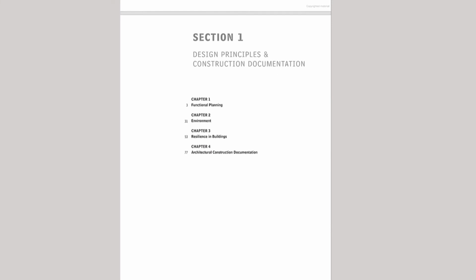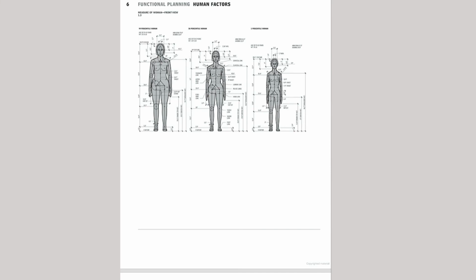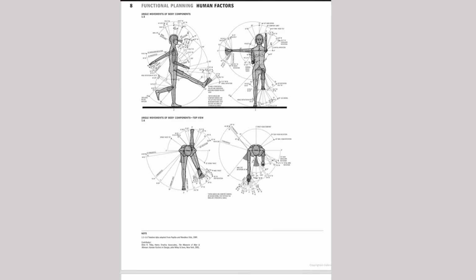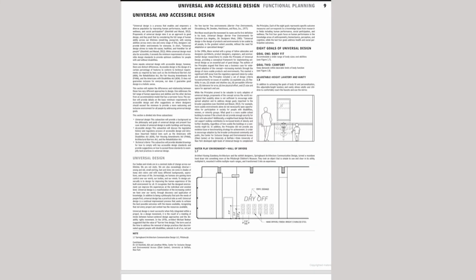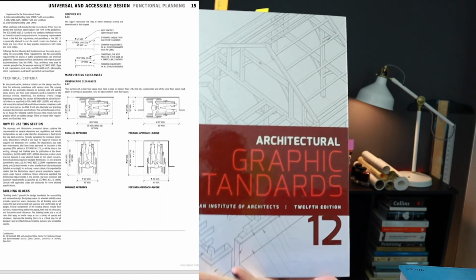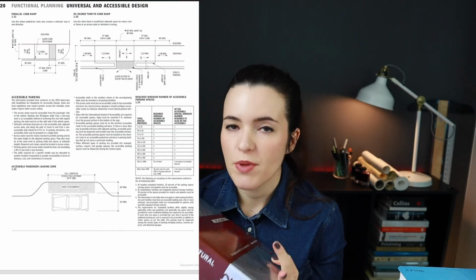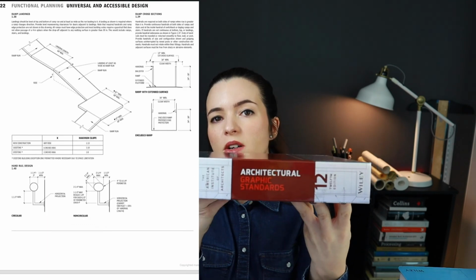Now because I found this to be so useful when I was in my undergrad, I did splurge a little bit when I was preparing for the ExAC, and I upgraded it to the non-student version, the architectural graphic standards. And this is a hard copy. Now this was a bit of a splurge. This was a little bit pricier.